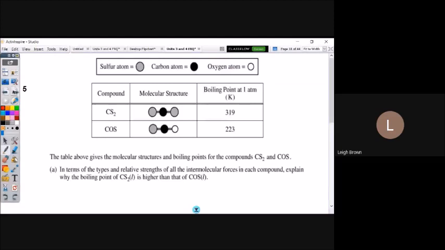Okay, so I'm going to give you a couple minutes. I want you to go ahead and do A here. Try to write down a very specific answer.